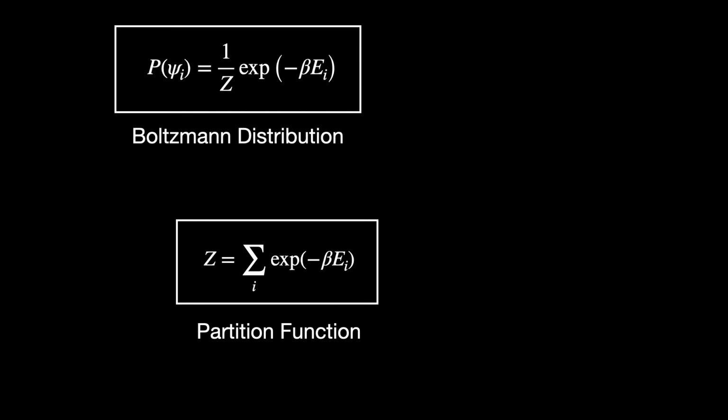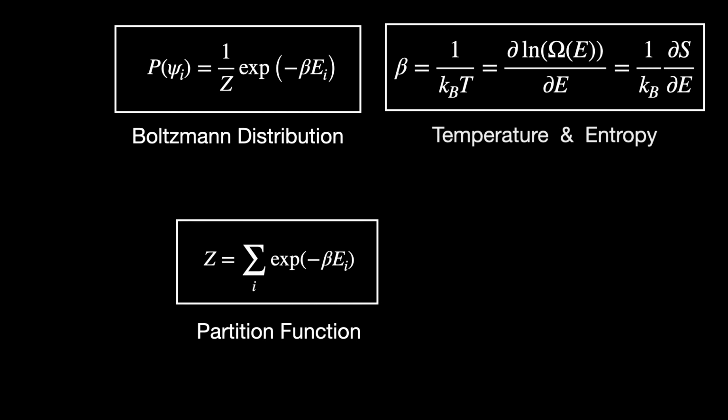The Boltzmann distribution gives us the probability of finding the system in a particular microstate during thermal equilibrium. The essence of this distribution is concisely expressed in the partition function. From this, we get the mathematical definitions of both entropy and temperature. Before we examine the physical consistency of these definitions, let's introduce another piece of jargon.